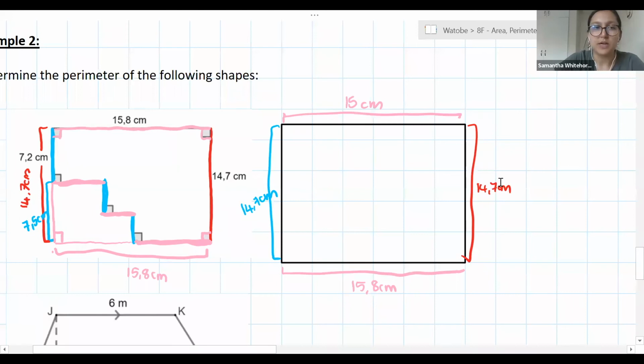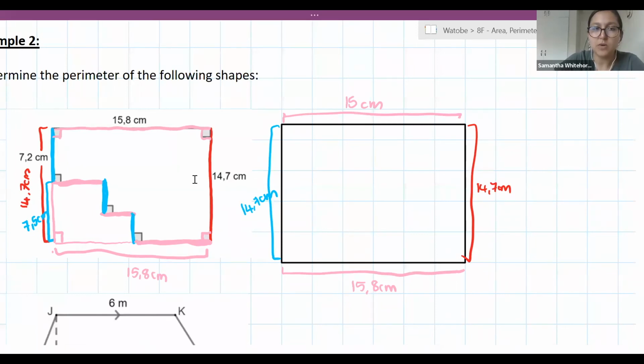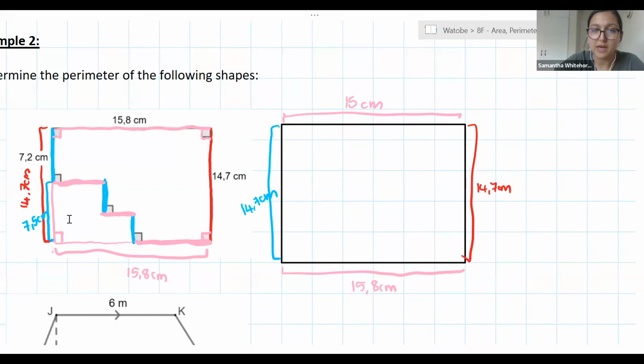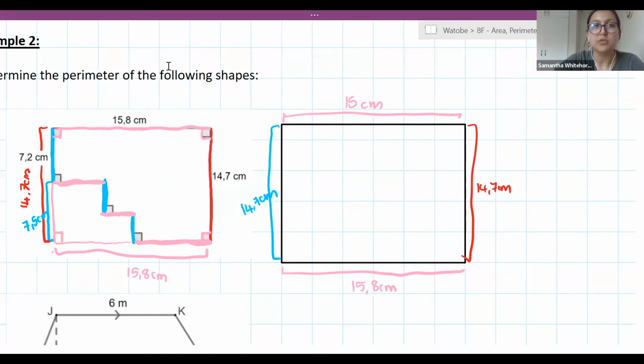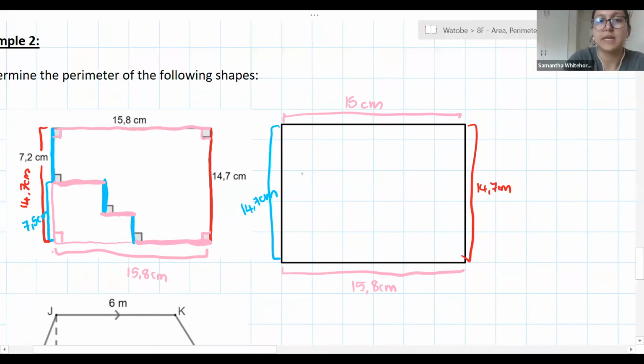So to work out the perimeter, all I needed to do was look carefully at my diagram and recognize that even though I had those step lengths, they all make up this rectangular shape. So it's as simple as adding together all of my lengths. 15,8 plus 14,7 plus 15,8 plus 14,7.